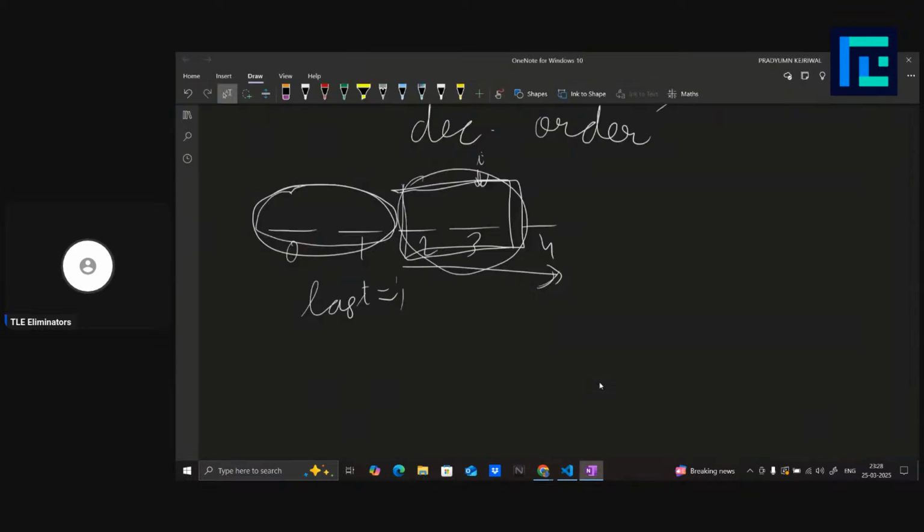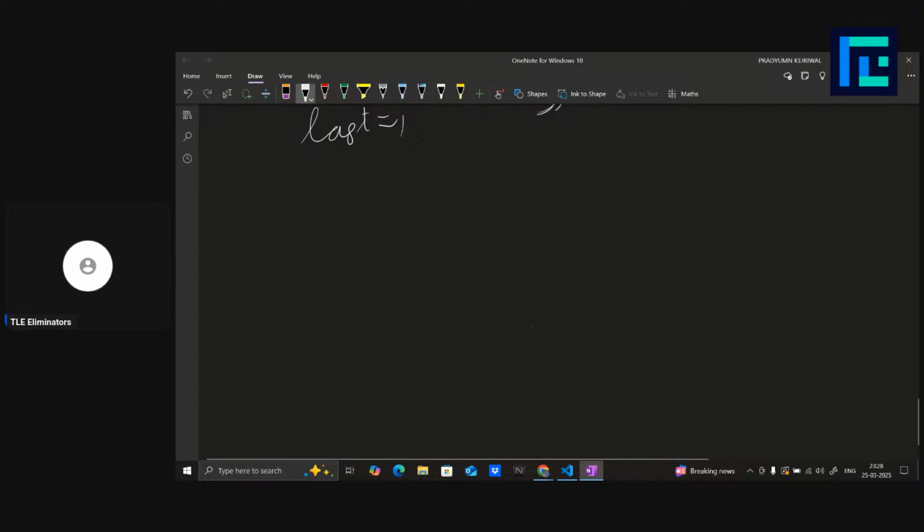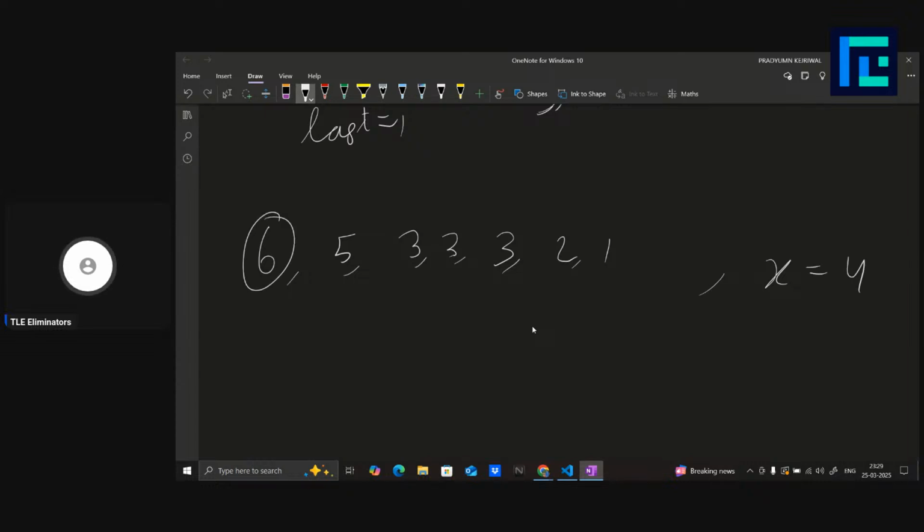Okay, so in that case, 6 5 3 3 3 2 1 and x equals 4. First of all, you have this 6, then this 5 as individual teams, then you have 3 comma 3 and 3 comma 2. So the answer is 4.